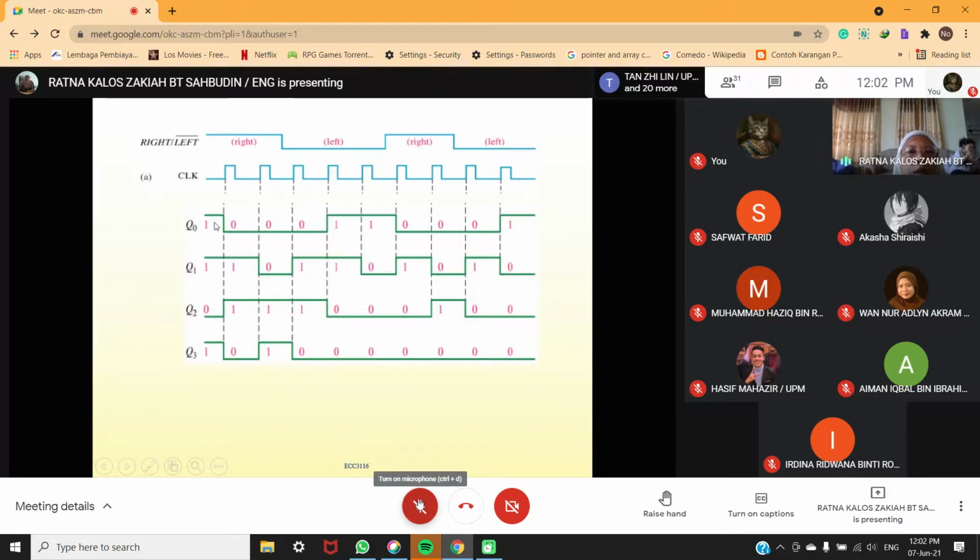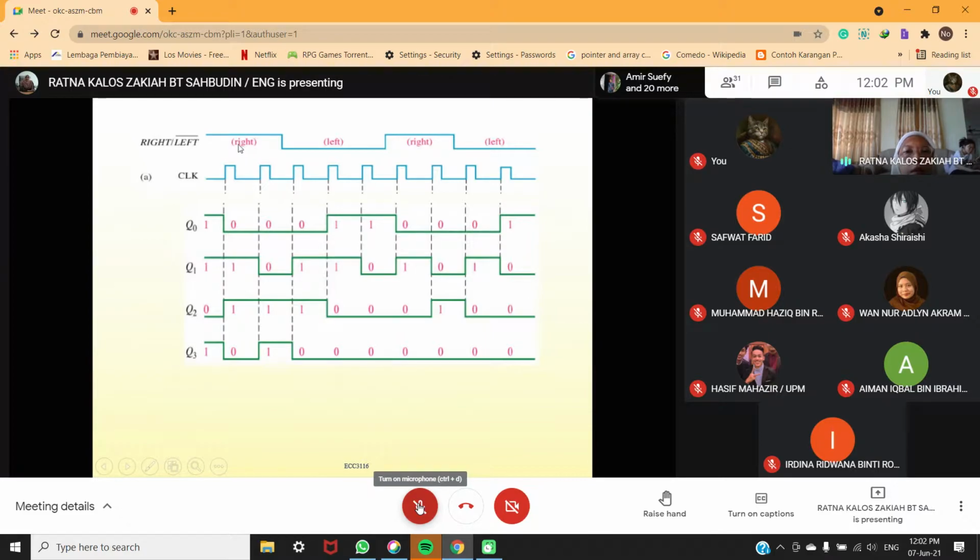Then you have Q1, start with 1. Q2, you have 0. And Q3, you have 1. So the data will be, let's say the most significant bit is Q3, so 1, 0, 1, 1.